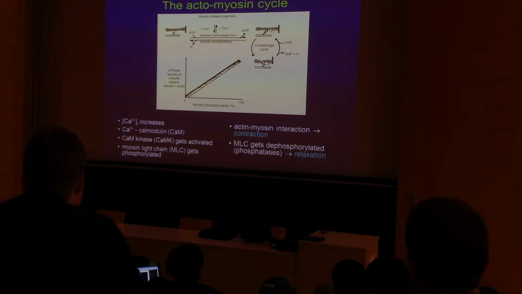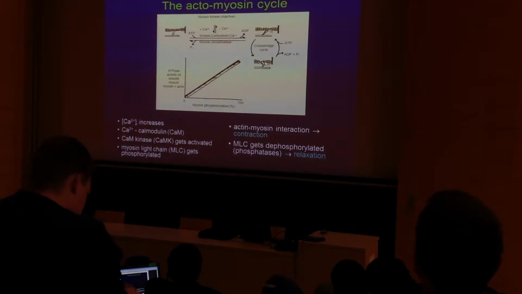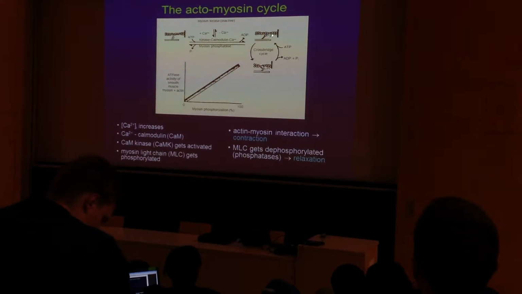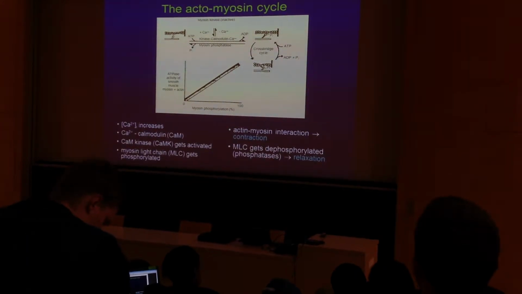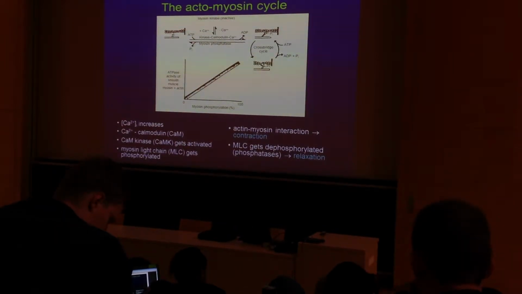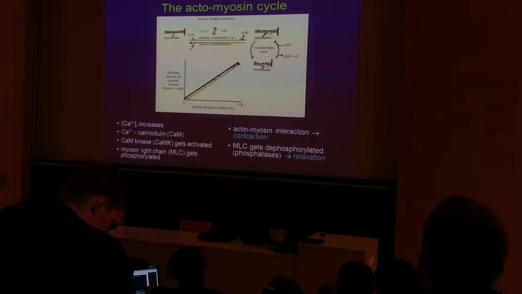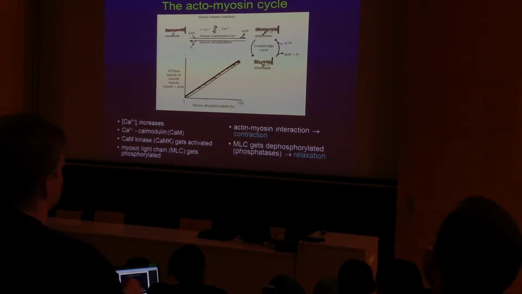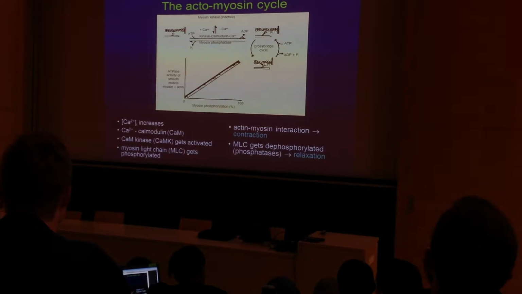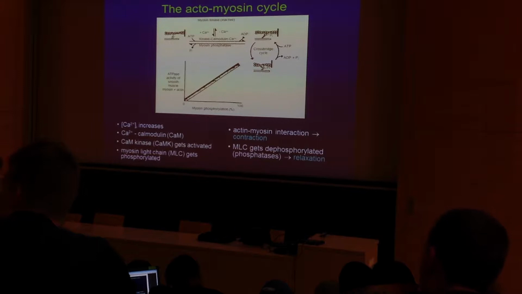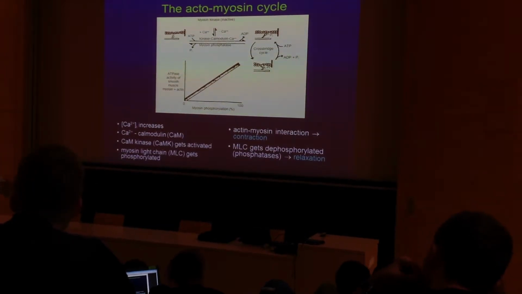Okay, so the myosin light chain gets phosphorylated, and then, and only then, can the actin-myosin interaction take place. Okay? Clear to everyone? This cycle then goes as it does for the skeletal muscle that I have described. However, please note that in skeletal or striated muscle, removing calcium would stop the contraction.